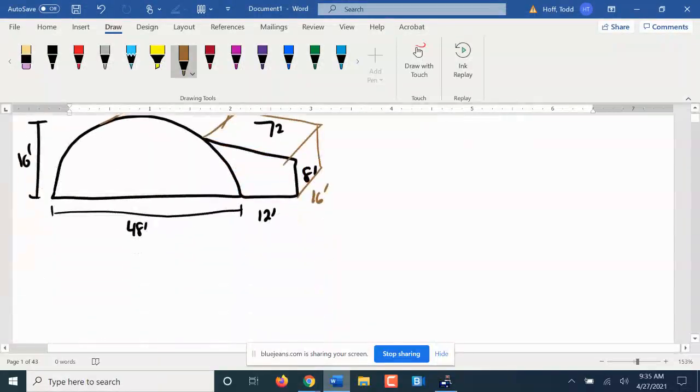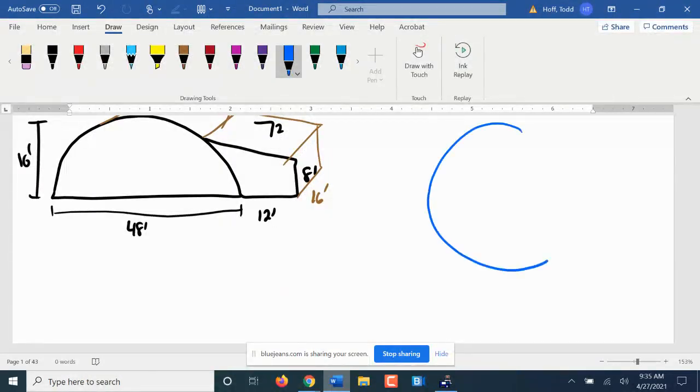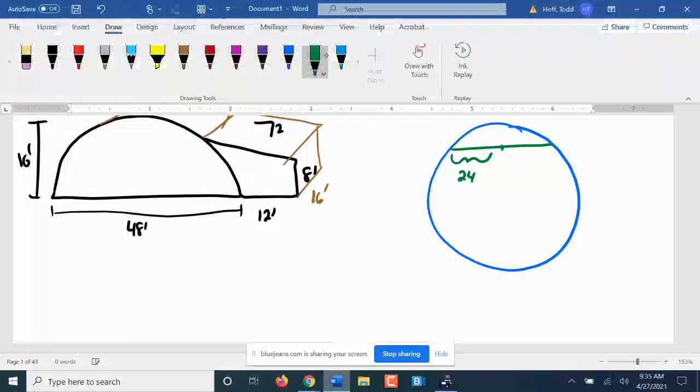The first thing we have to do, of course, is find what the actual radius would be of this circle if it were a full circle. So we've got 48 feet across there. I'm just going to split that right away into 24 and 24. And we know this is 16. We'll find this dimension down through here, which is our dimension x.